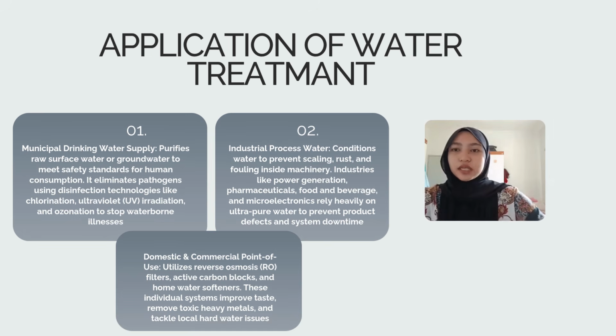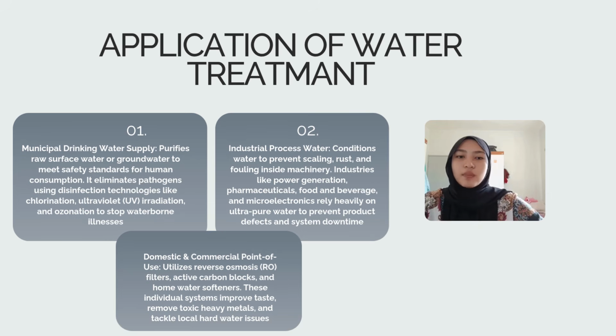So next, we're moving to the applications of water treatment. We have three applications that I've stated here. The first one is the municipal drinking water supply. It purifies raw river water or groundwater to meet safety standards for human consumption. The second one is industrial process water, conditioned water to prevent scaling, rust, and fouling inside the machines. Industries like power generation, food, and microelectronics rely heavily on ultra pure water to prevent product defects and system downtime.